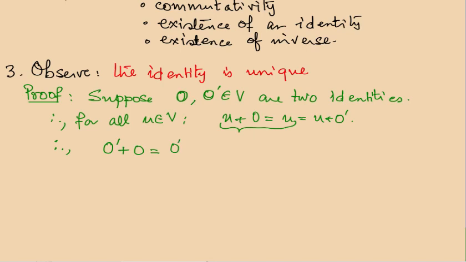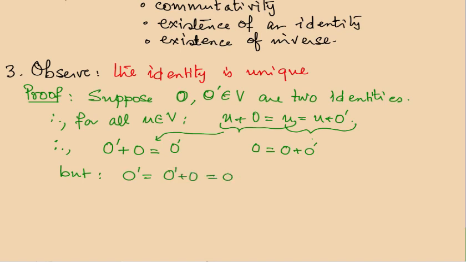And from this part I get 0 is equal to 0 plus 0 prime. And the commutativity tells me that these two are the same.